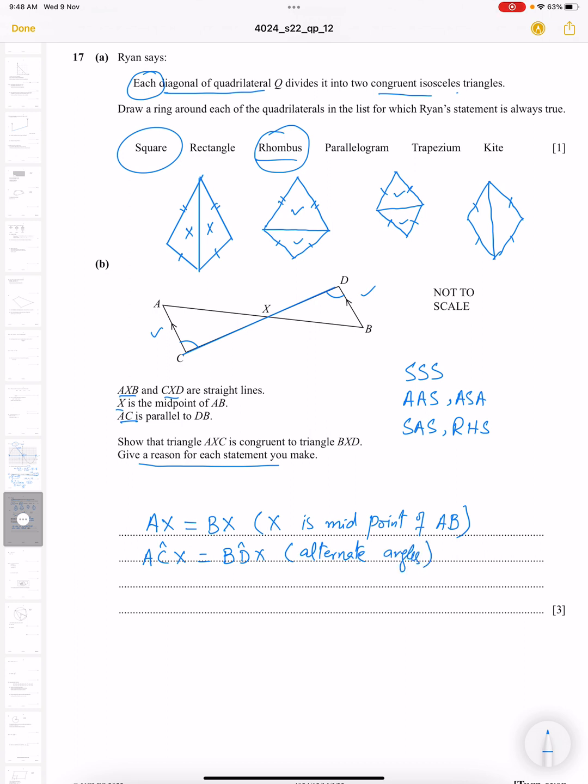And as the lines are crossing each other, this angle and this angle here are also equal. What do we call them? Vertically opposite angles. Angle AXC is equal to angle BXD. The reason is vertically opposite.